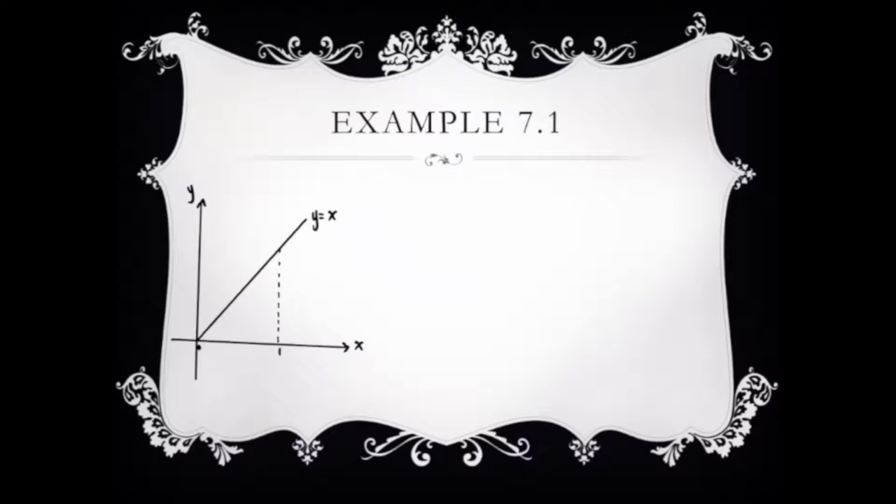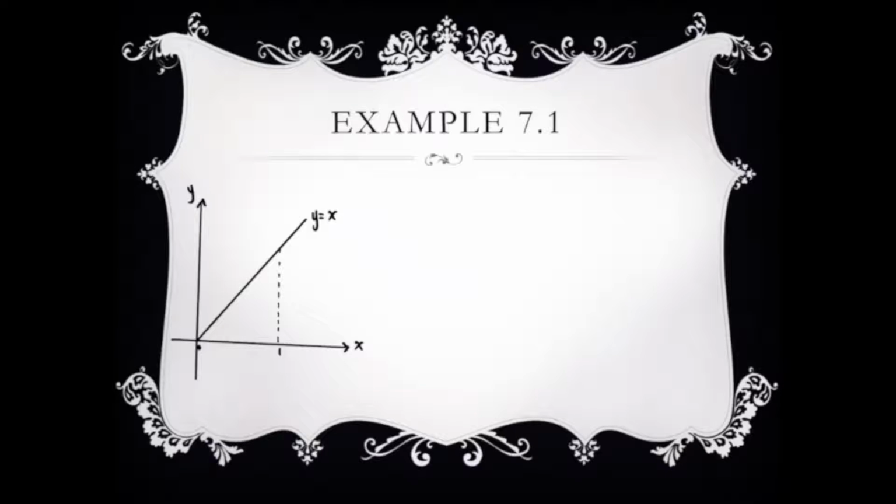For the first example, for surface area of a rectangular function, we are going to use this function here, which is y equals x, and we're going to rotate it around the x-axis.